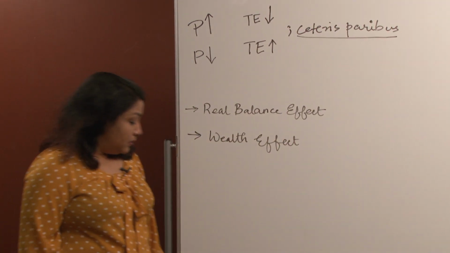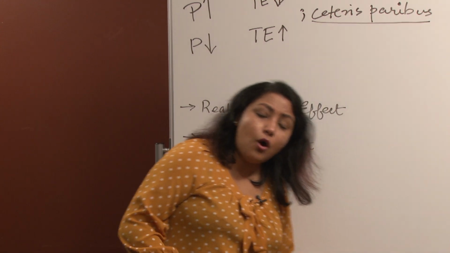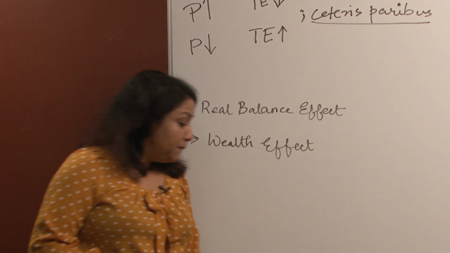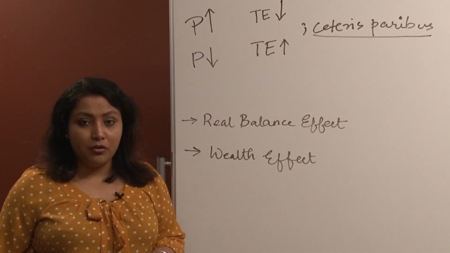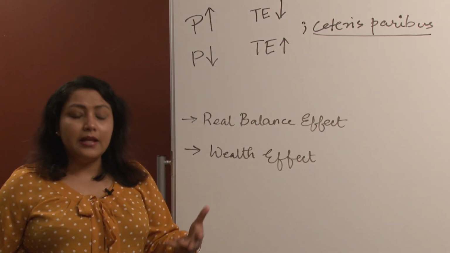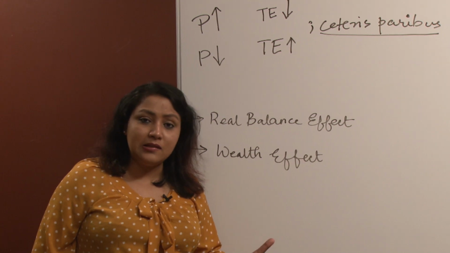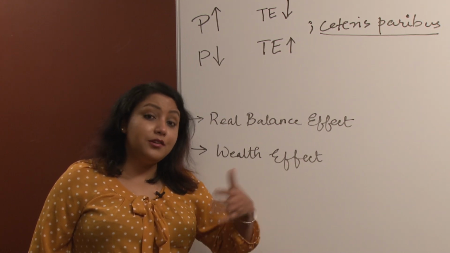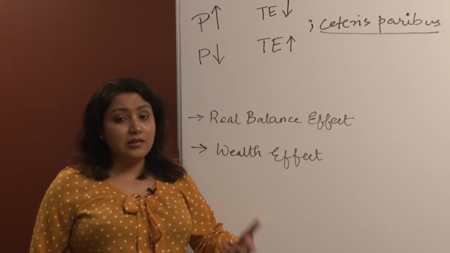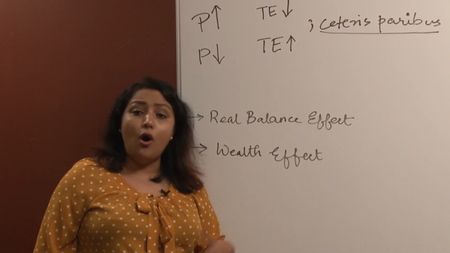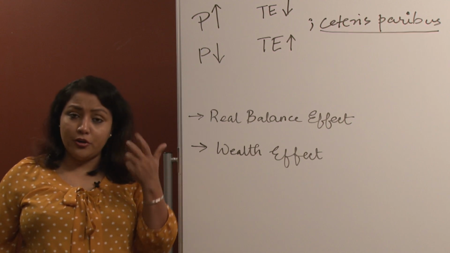Now, whenever there is inflation or deflation in the economy, the value of assets go up or down, right? If there is inflation, then the value of the assets tend to fall, and if there is deflation, then the value of the assets tend to rise. Now, the assets could be in the form of money, or it could be in the form of non-monetary wealth also.